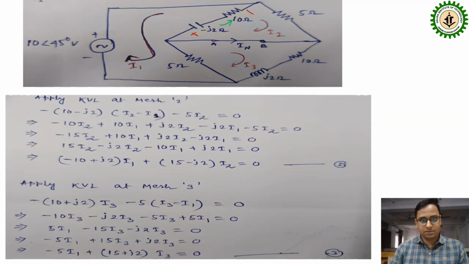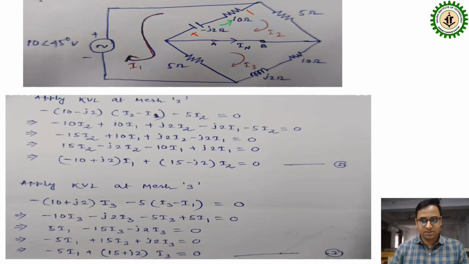So minus of (10 minus J2) into the current flowing through these branches, I2 minus I3. Similarly for this one, the current flowing through this branch gives minus 5 I2 is equal to 0.